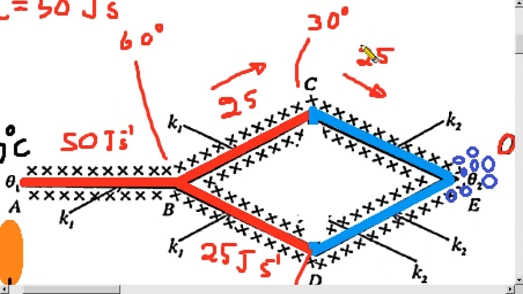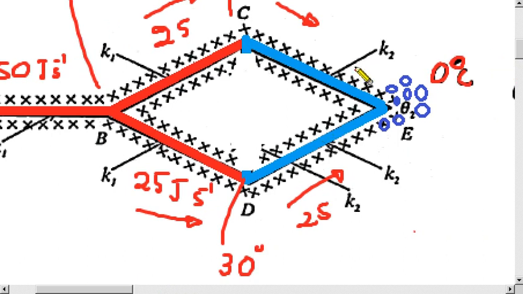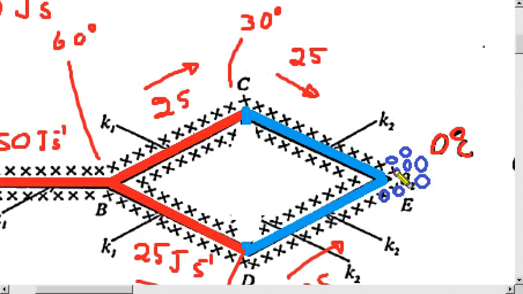Since steady state has been achieved, incoming rate must be equal to the outgoing rate. So here also the same thing, incoming rate is 25, so outgoing rate must be 25. So now altogether at this junction 25 plus 50 is there.